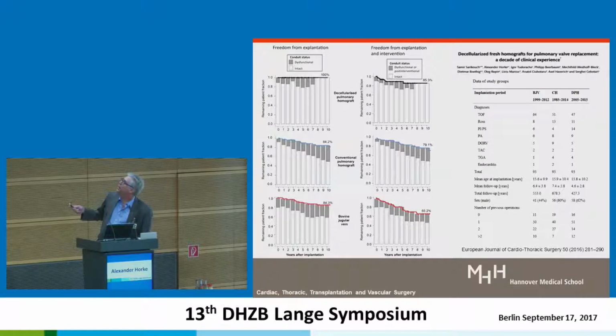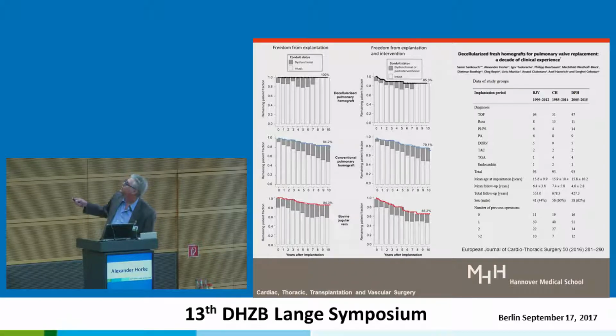This is a paper we published last year, with 93 of these decellularized pulmonary homografts, and we looked at several situations here with bovine jugular veins and with conventional homografts, and how they do over the next 8 to 10 years.